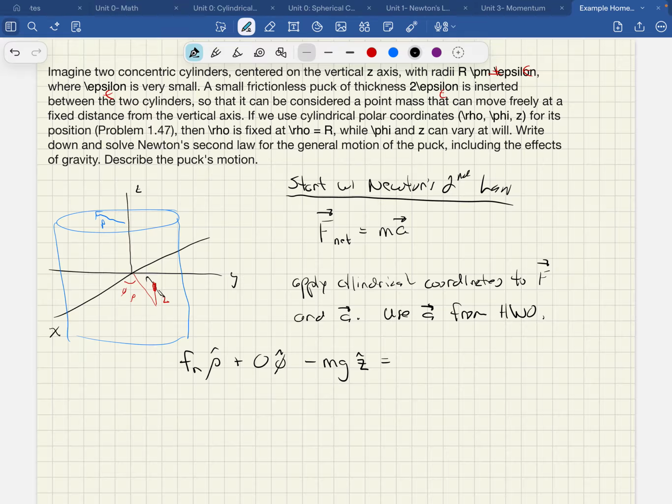That's going to equal the acceleration, which was rho double dot minus rho phi dot squared rho hat plus 2 rho dot phi dot plus rho phi double dot phi hat plus z double dot z hat. Okay.